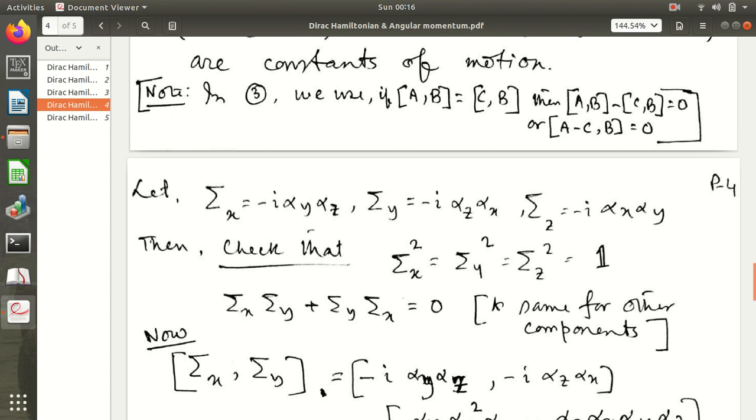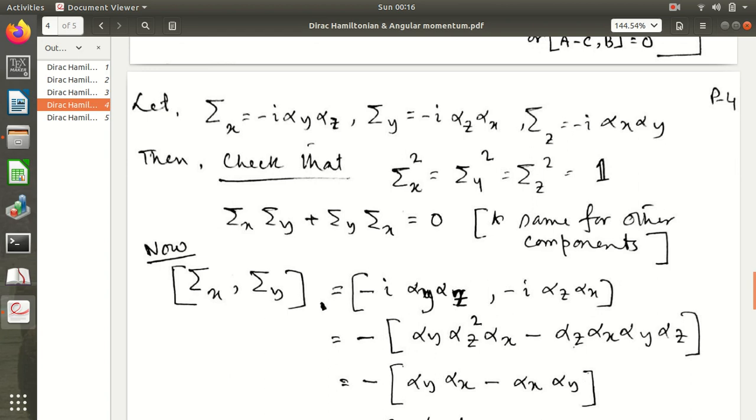Similarly, Σy equals this one, Σz equals this one, and you check that when you square them they become the 4 by 4 unit matrix, and ΣxΣy plus ΣyΣx becomes 0. That means they anti-commute, and the same holds for the other components, ΣyΣz plus ΣzΣy equals 0, and so on.